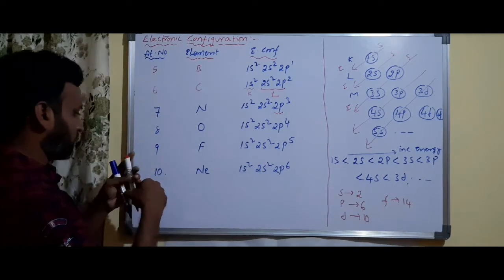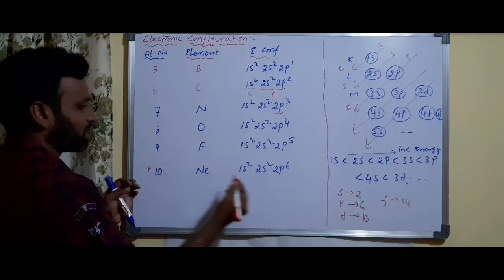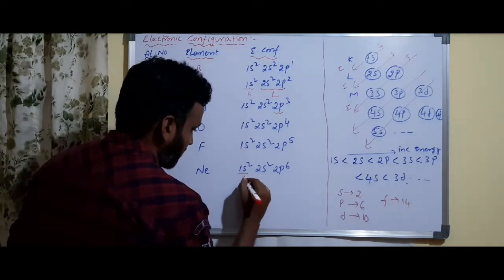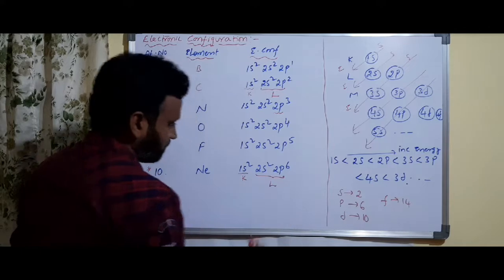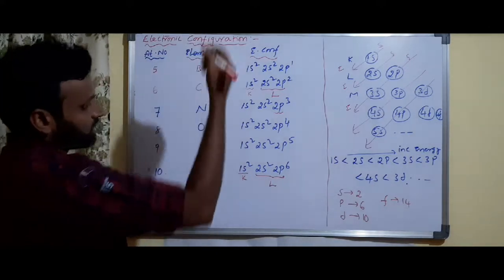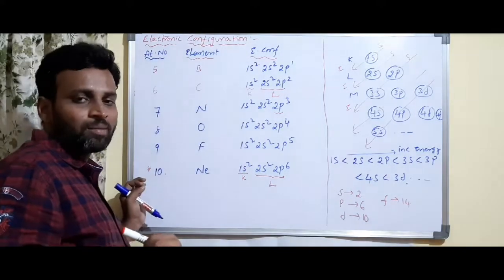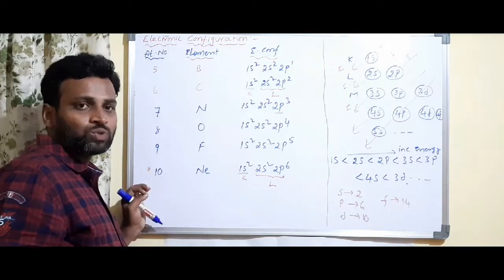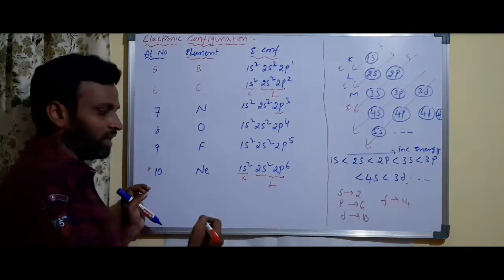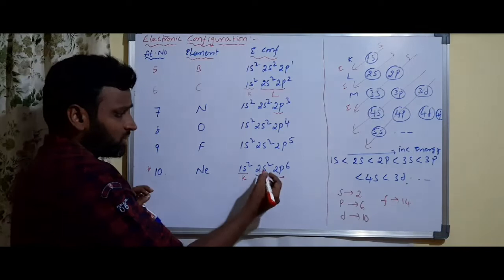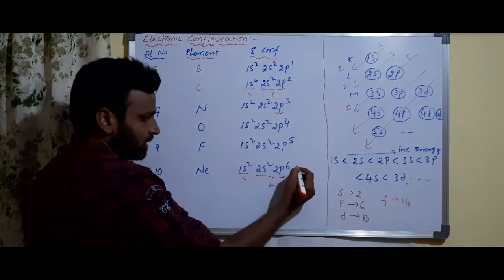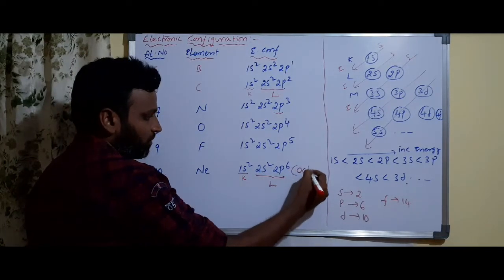It's a very important thing, because the shell is completely filled. This is the K shell and this is the L shell. Helium I gave previously; the K shell was completely filled, helium 1s2. If the shell is completely filled, or they consist of 2s2, 2p6, that is called octet configuration.